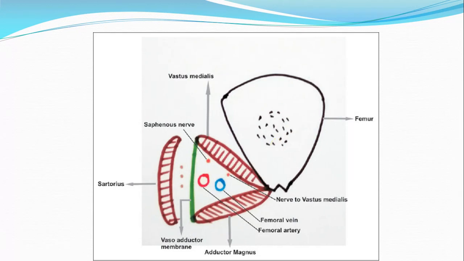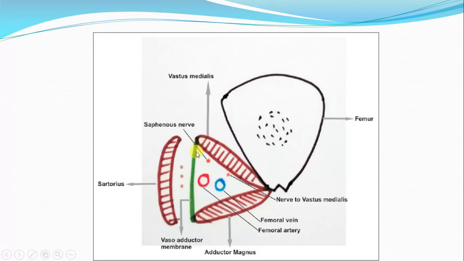Okay, so what I see here is somewhat triangular. If this is the posterior one, it is the adductor magnus over which the canal is present. And anteromedially, it is bounded by the vastus medialis, here with the fascia covering the vastus medialis.